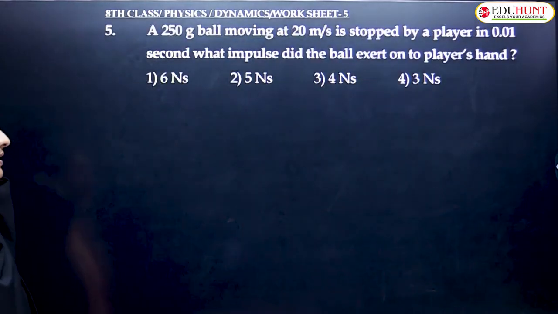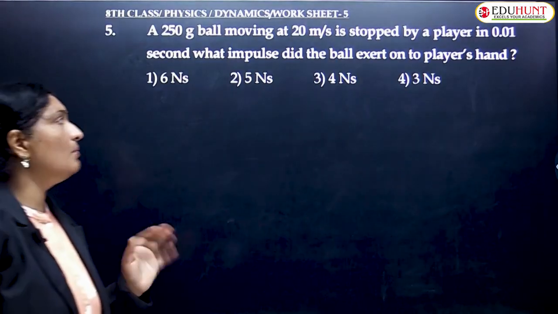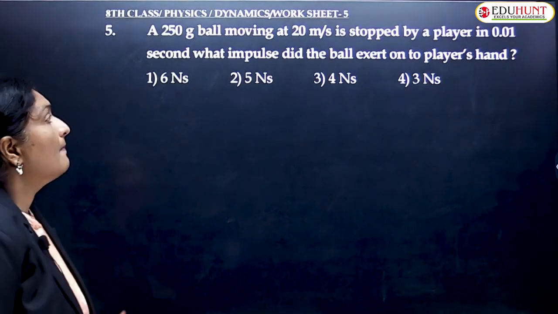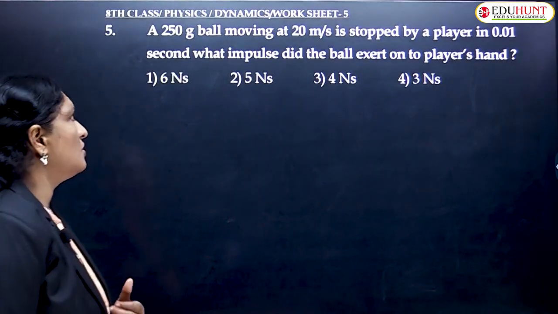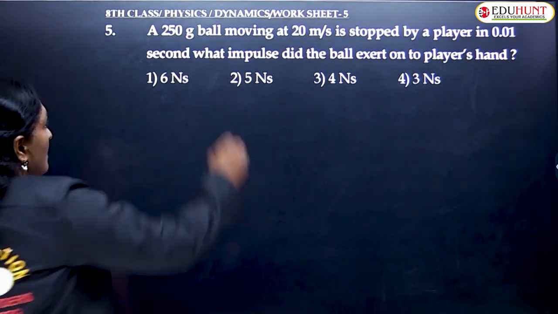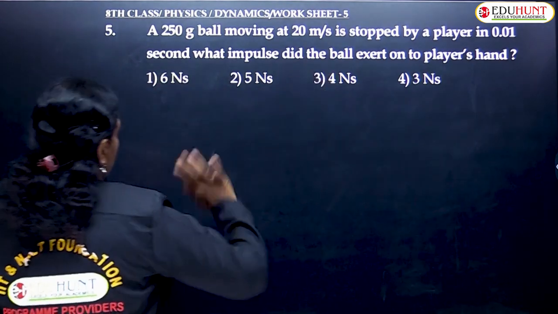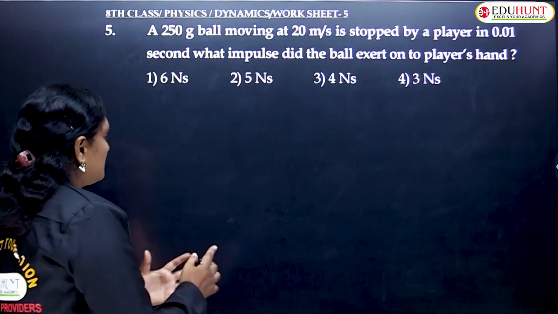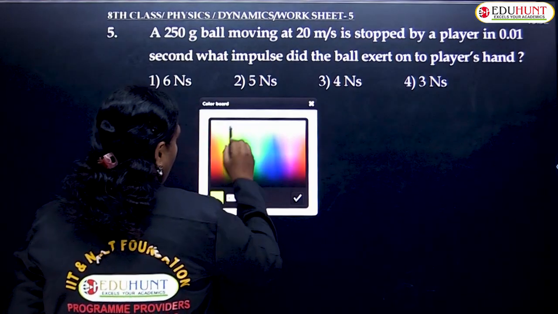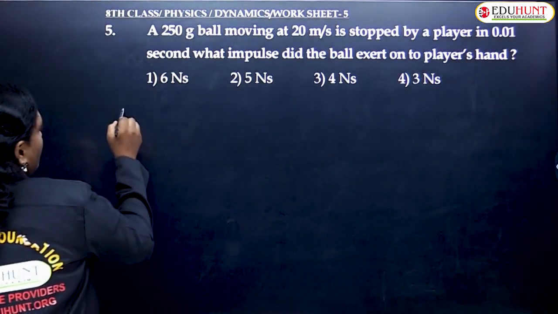Next question, children. A 250 gram ball moving at 20 meter per second is stopped by a player in 0.01 second. What impulse did the ball exert on the player's hand? Even if it is given as complicated, let us first write the given data.